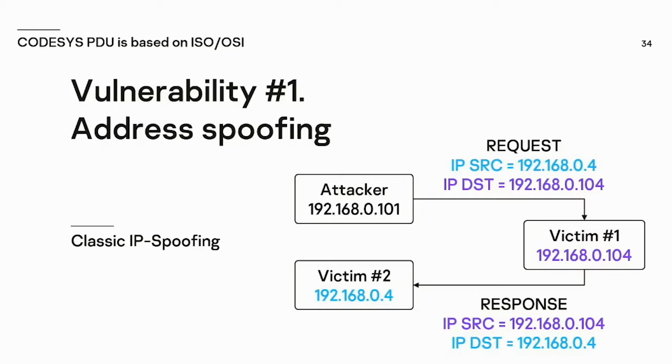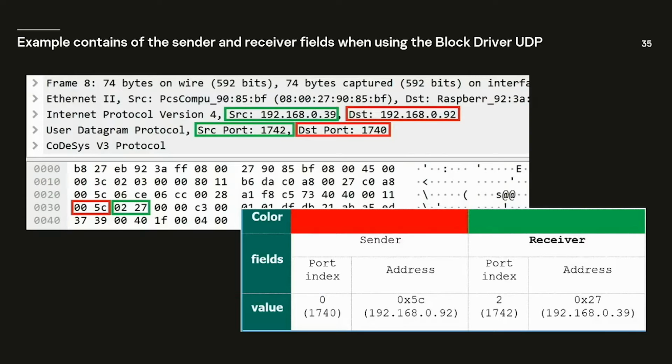If an attacker wants to hide his address from victims, he will change the source address to his own chosen source, and the victim, when it takes the packet, will send the response to the address from the IP source. So it's a way to hide your own IP address in the network.